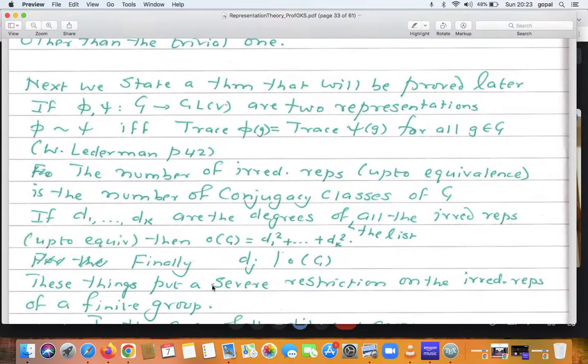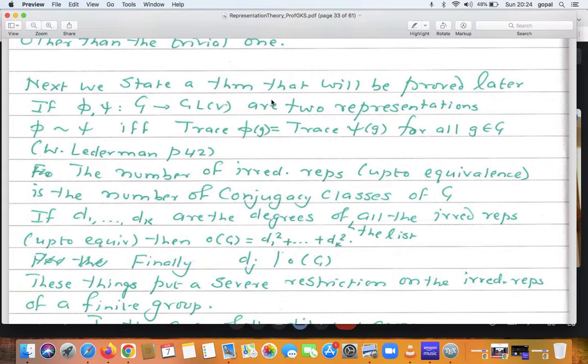How many more? Now we will state a theorem that will be proved later. Suppose phi and psi are 2 representations. Then phi is equivalent to psi if and only if trace phi(g) equals trace psi(g) for all g.